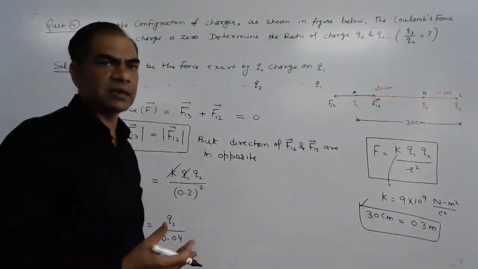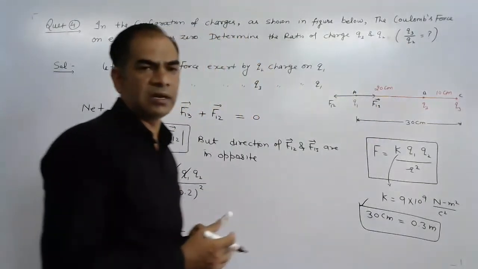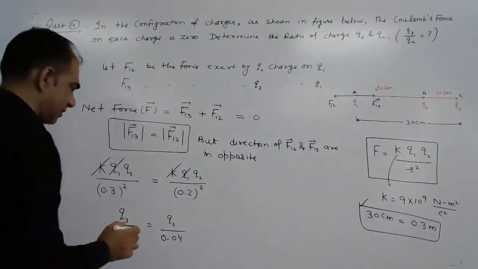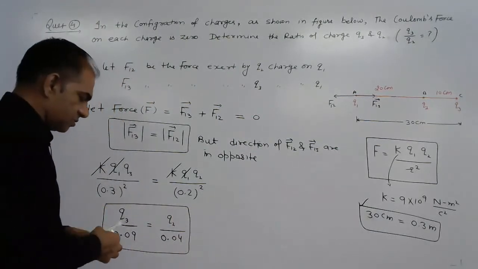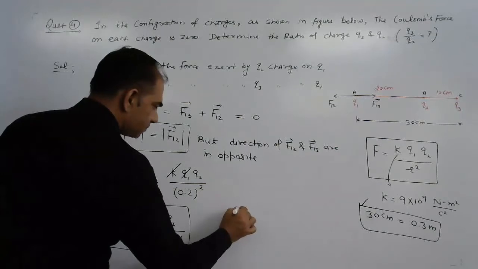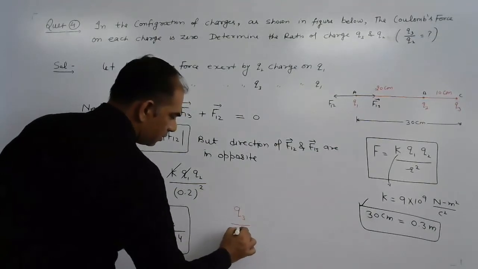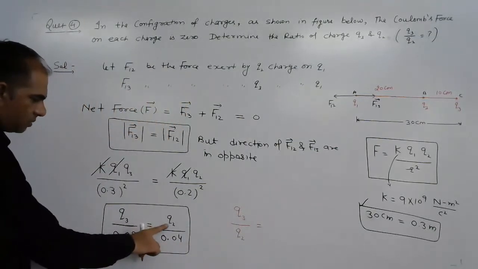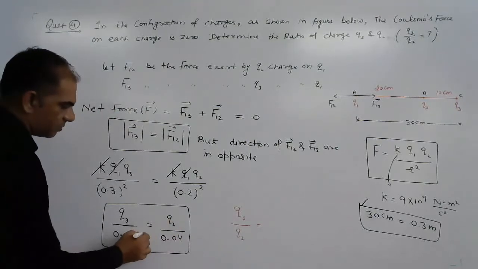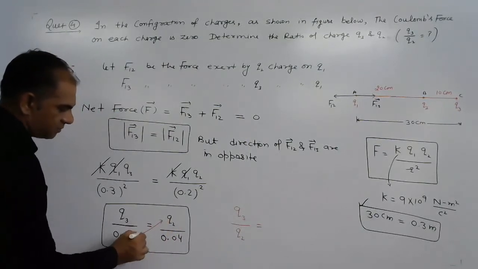And what will be the condition? The condition will be Q3 and Q2. We want to calculate this. This equation rearranges this way. Q3 upon Q2 is equal to, this term comes here and this term comes here, interchanged.